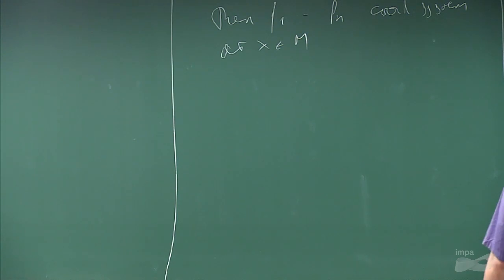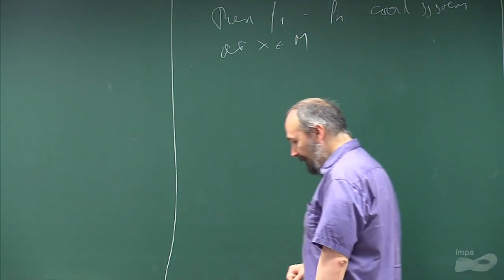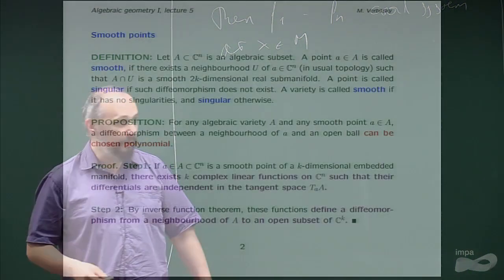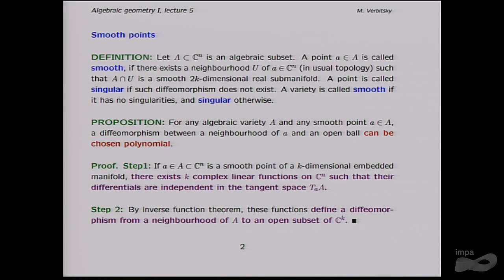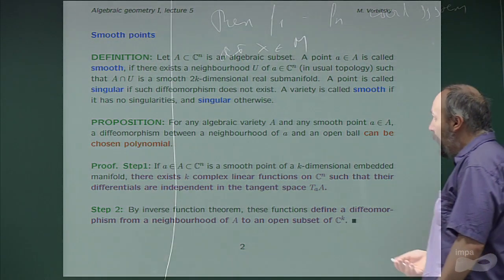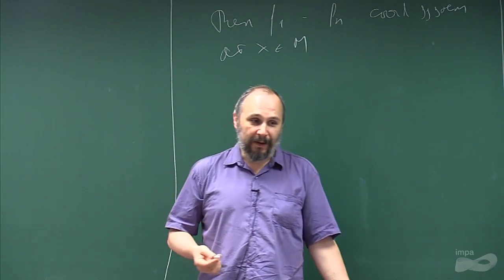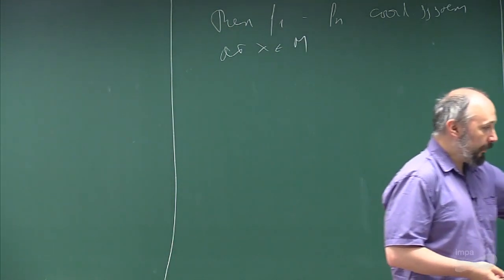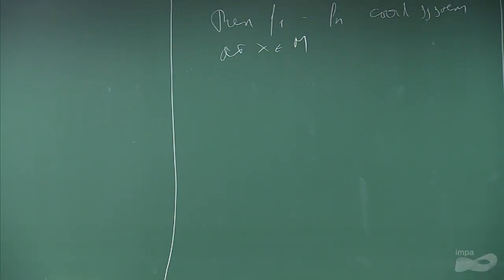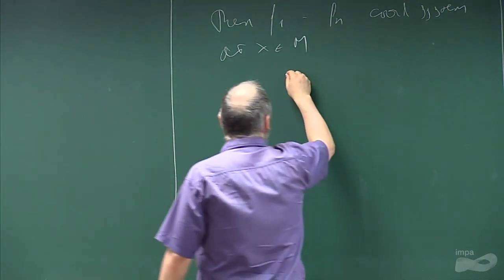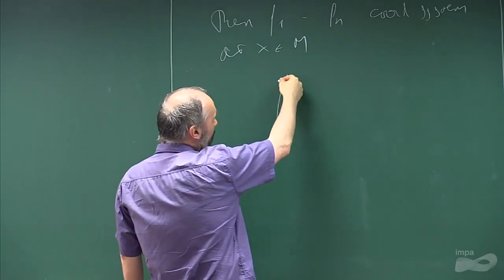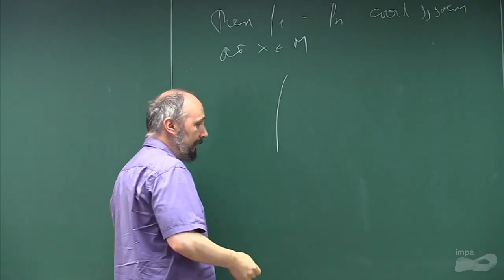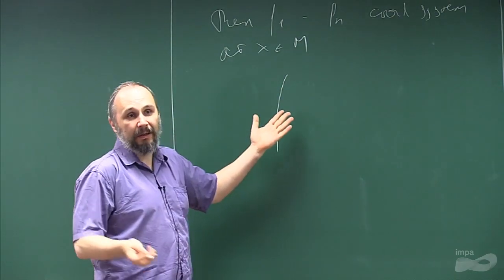So if you have a smooth submanifold, you can take functions whose differentials generate the cotangent space. Linear functions are okay. Locally, your submanifold is approximated by a linear submanifold.